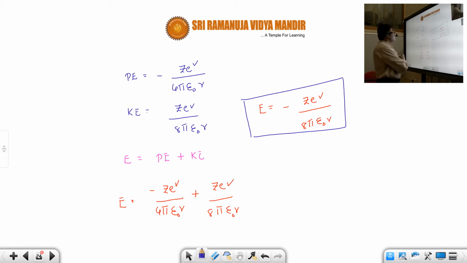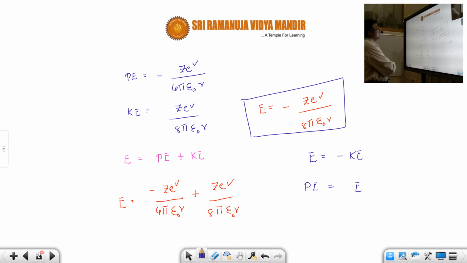Now what is the relationship between potential energy and kinetic energy? You can see here energy is equal to minus KE. Do you agree or not? Now potential energy and energy, what is the relation? Find out the relation.